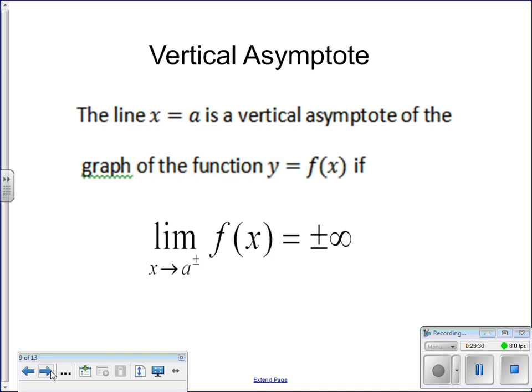If our limit goes towards infinity, that is a vertical asymptote. As x approaches a particular value, let's say 2, if my limit is infinity, i.e. it grows without bound as I approach a particular value, I have a vertical asymptote.